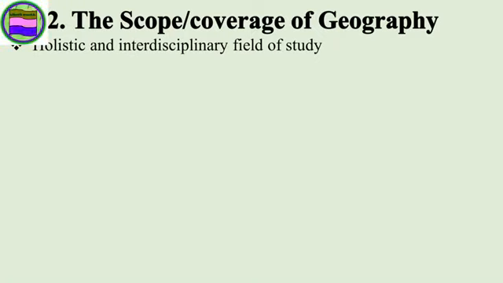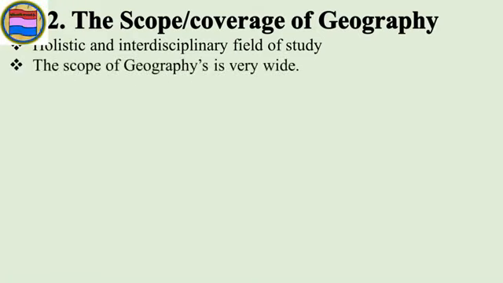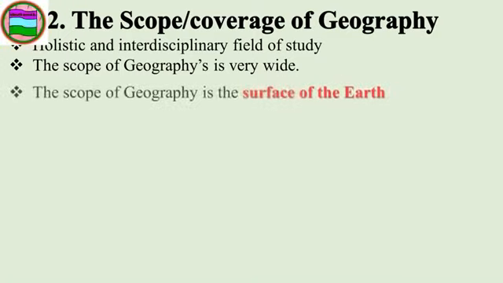It is holistic, meaning it is related with different fields of study, and it has an interdisciplinary nature. Therefore, the scope of geography is very wide. It covers the physical, the human, and the skills aspects of geography. So based on this, the scope of geography is the surface of the Earth.